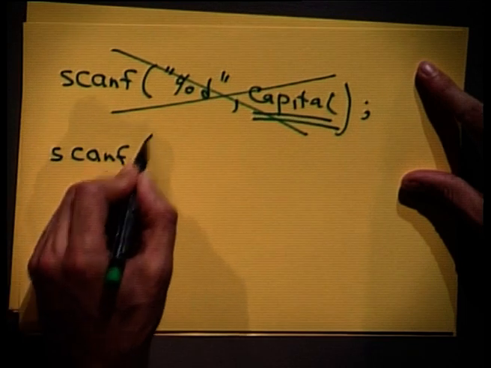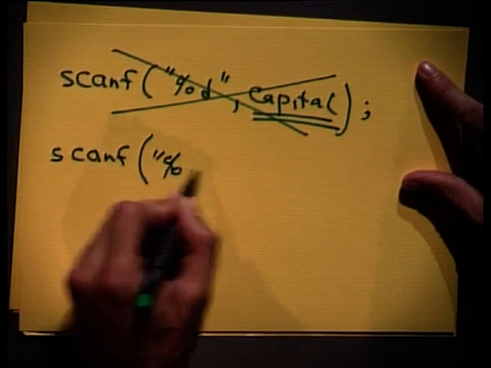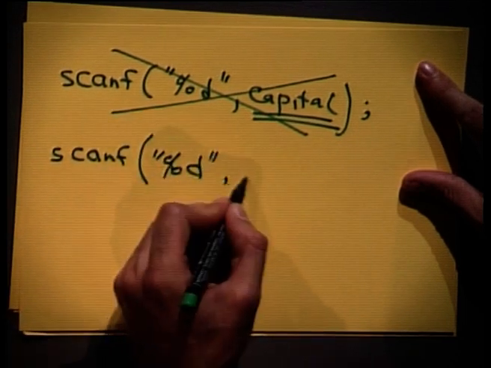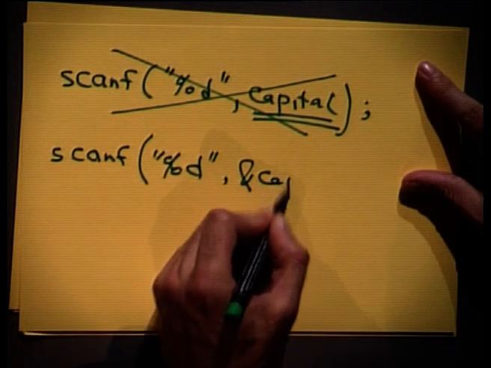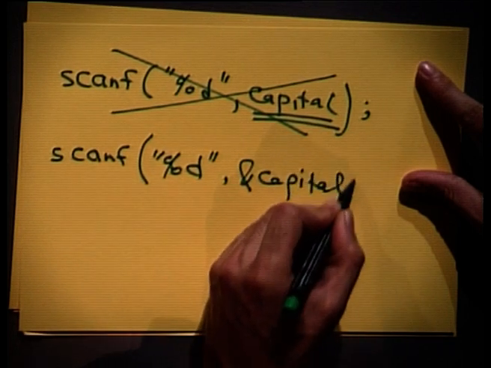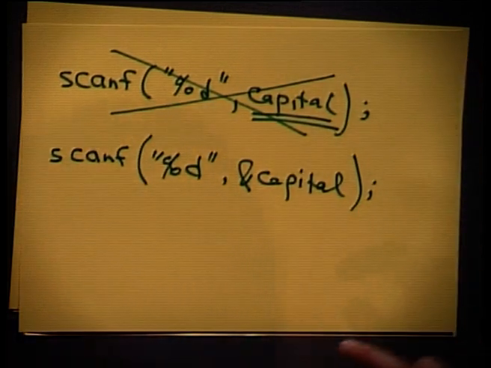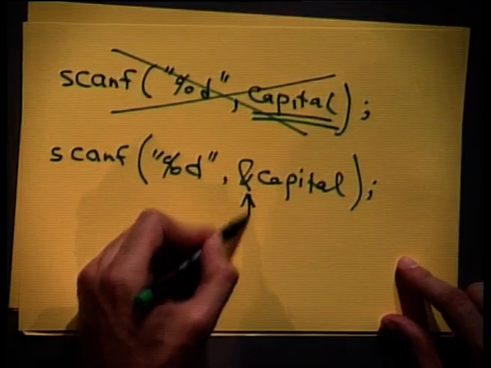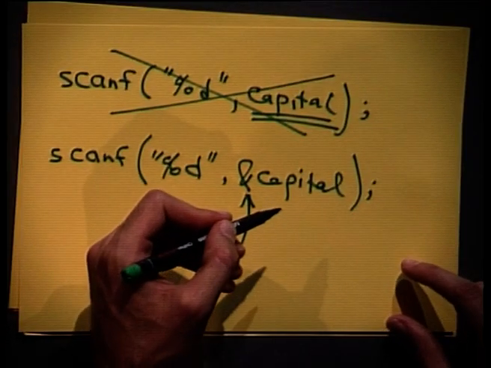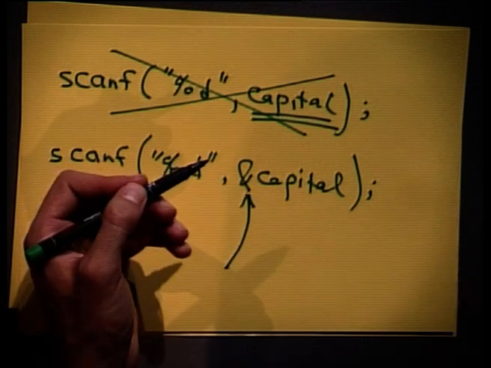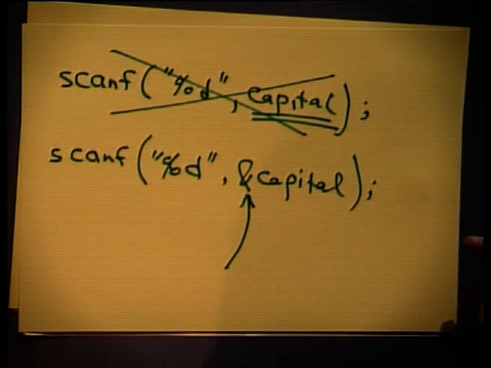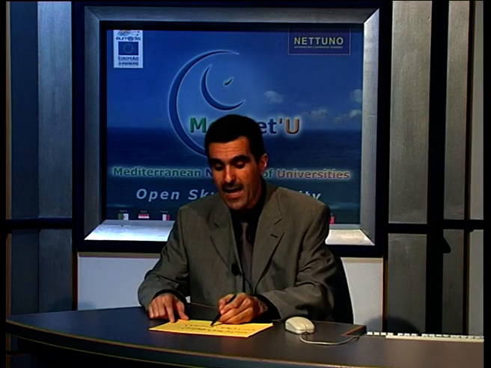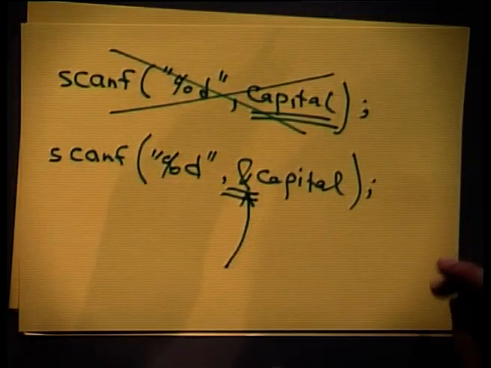Instead, we say something like scanf %d and then the address of capital. So that means go to the standard input, get whatever value you're getting from the keyboard, and place it at this address, which is called capital. Okay? And that makes sense, I believe, because I'm going to copy data to the memory at a certain address. I'm not going to copy it into a value.